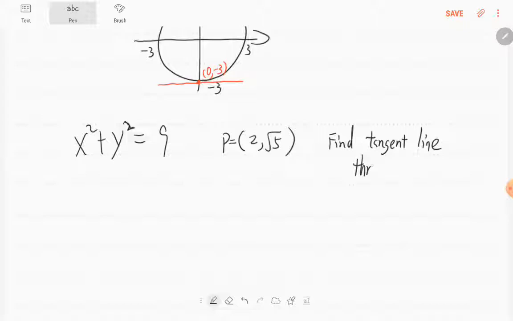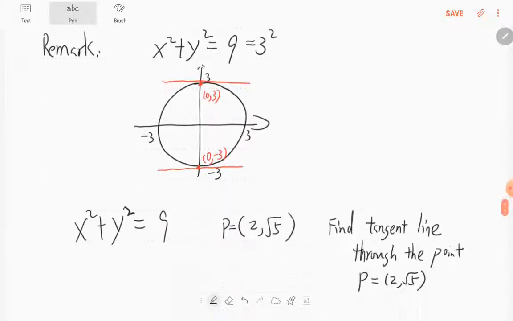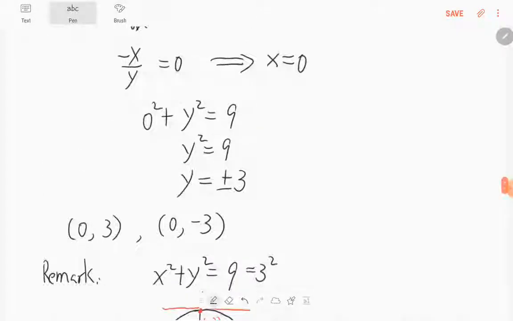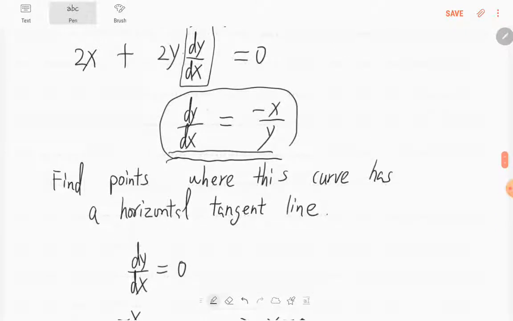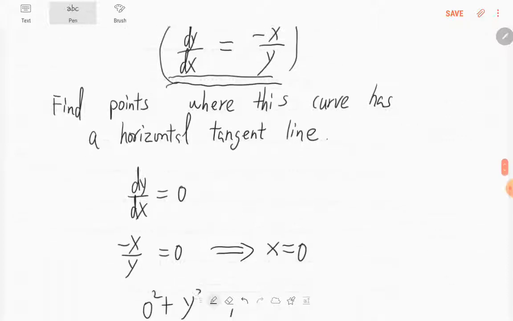through this point, through the point P, which is (2, square root of 5), right? We have calculated the slope, the derivative dy over dx, which is the slope of the tangent line, which is given by negative x over y.